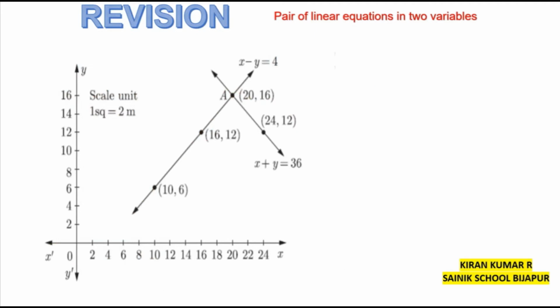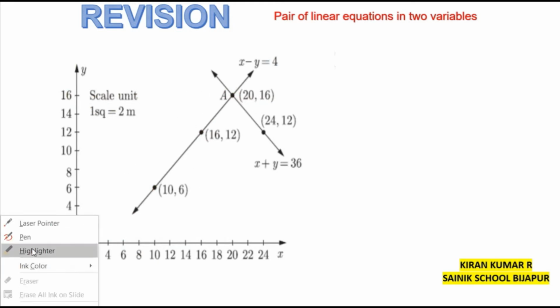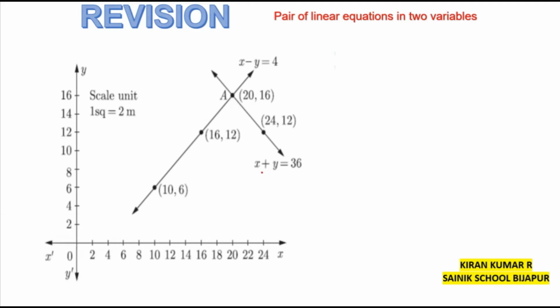On plotting the graph, we get two lines. The lines x plus y equal to 36 and x minus y equal to 4 intersect at 20, 16.